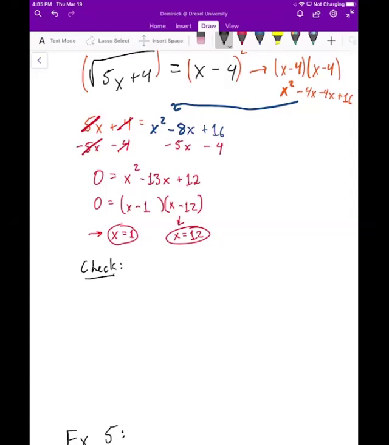And let's see. Now, if you have a square root of 5, if we assume that x is 1 here, 5 times 1 plus 4. This is the left side, so that will give you a square root of 9, which is equal to 3, of course. Now, this was the right-hand side.